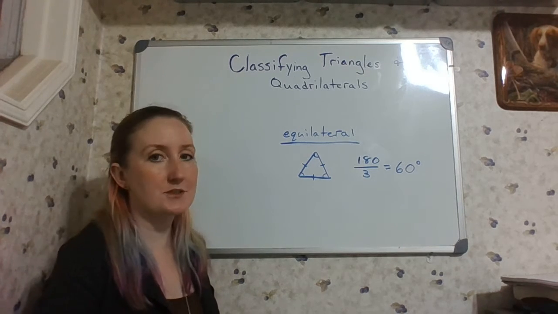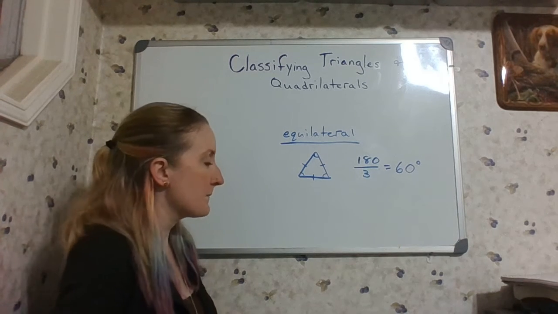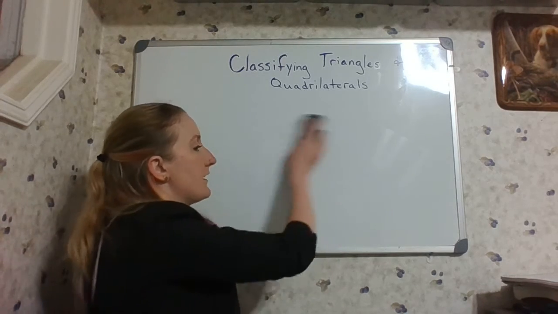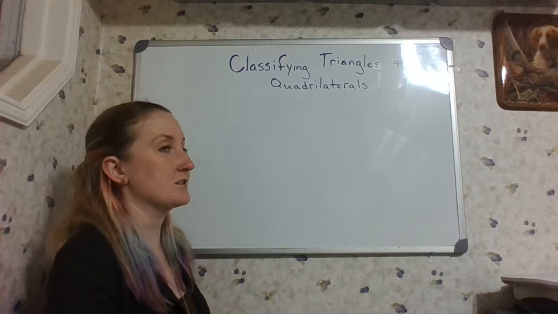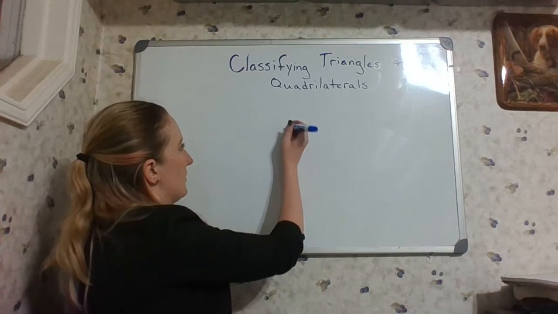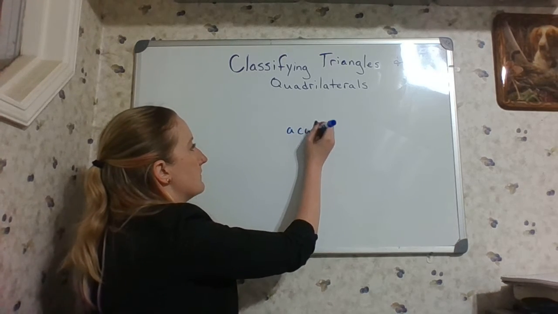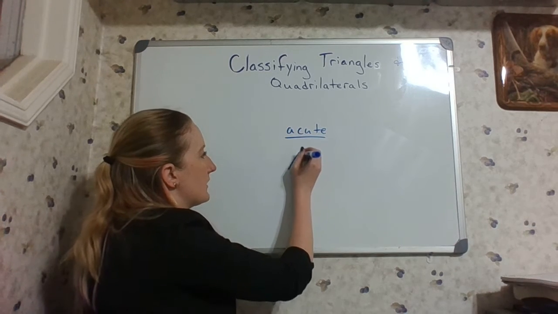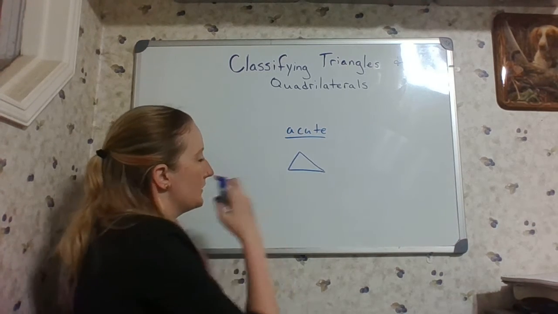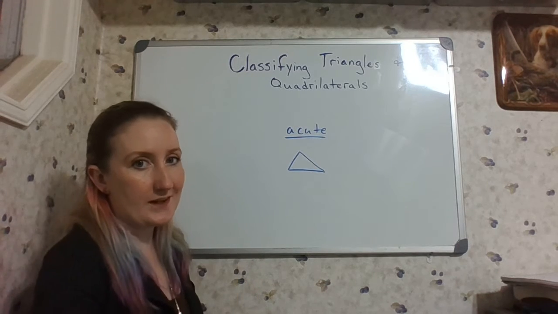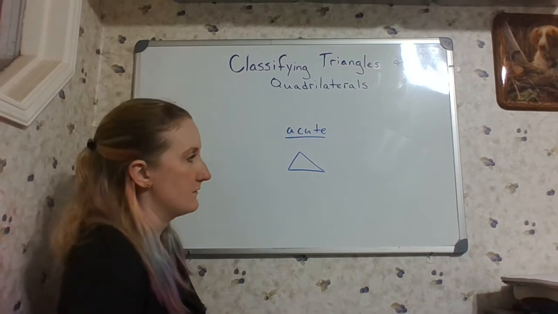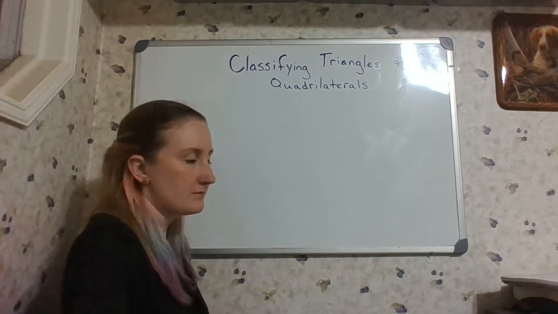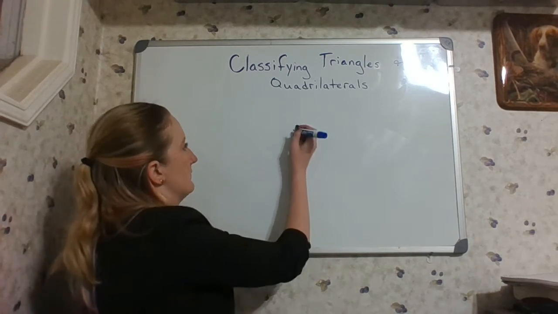So besides being able to classify triangles by their side lengths, we can also classify them by their angles. And this one should be pretty familiar because you've been doing it forever. So an acute triangle has 3 acute angles. None of them are greater than 90 degrees. An obtuse triangle has 1 obtuse angle.